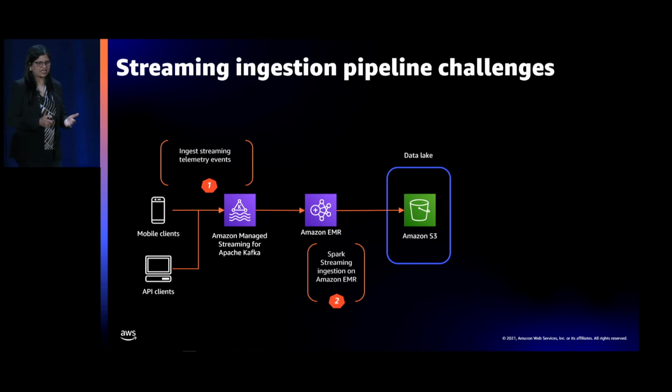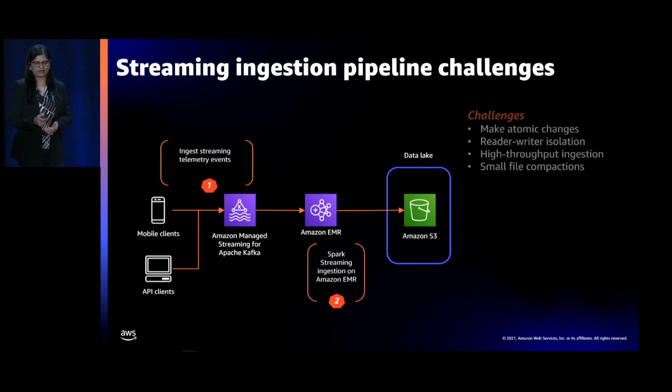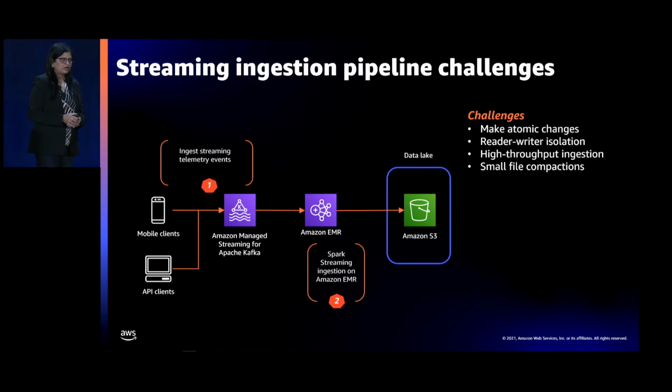Now, there are certain challenges in this streaming ingest pipeline. The first one is trying to make an atomic change. What that means is you are sending in real-time streaming data, and you want your changes to be atomic. You want the readers and writers to be isolated from each other, which means that as the writes are happening, the readers should see only the committed or the compacted version.